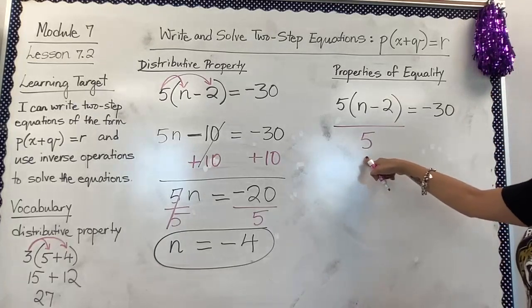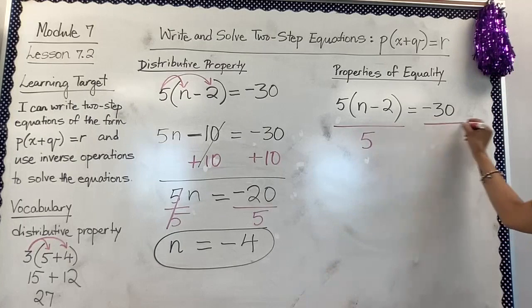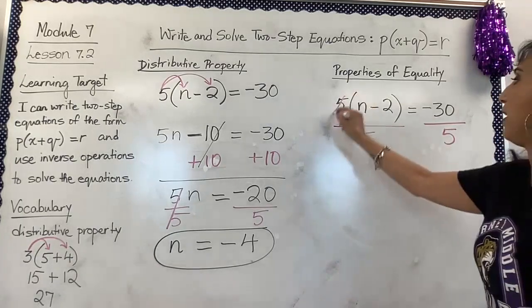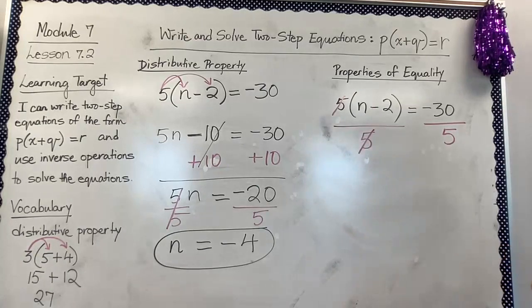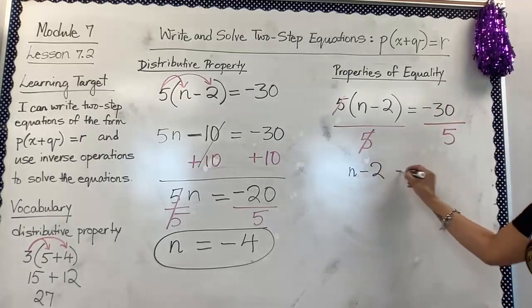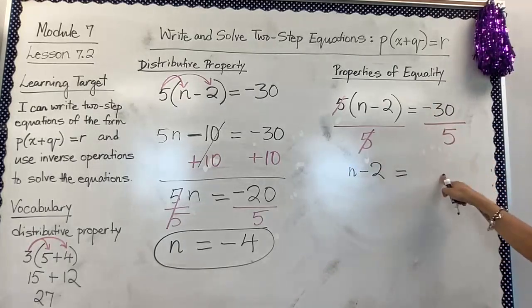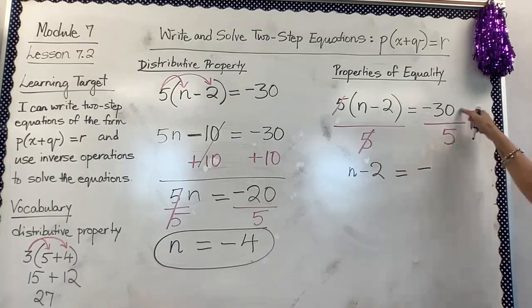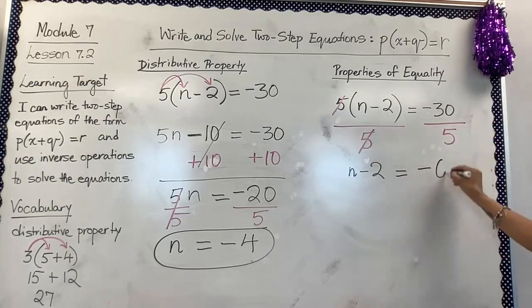Whatever I do on one side of the equation, I've got to do exactly the same thing on the other side of the equation. 5 divided by 5 is 1, and then I'm left with n minus 2 is equal to negative divided by positive gives me negative. So minus, and 30 divided by 5 is 6.